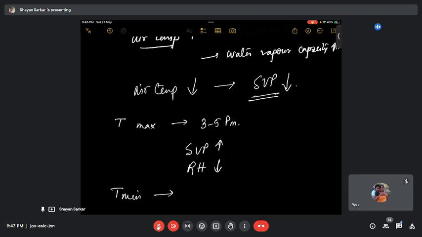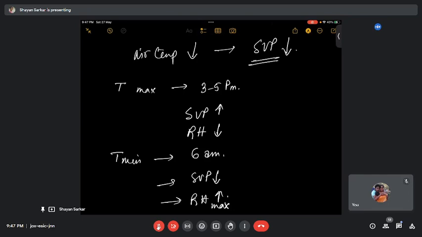Okay, so relative humidity will attain its maximum value when temperature attains its minimum value, that is at 6 AM. And relative humidity will be minimum when temperature attains its maximum value, that is at around or in between 3 to 5 PM. Clear?